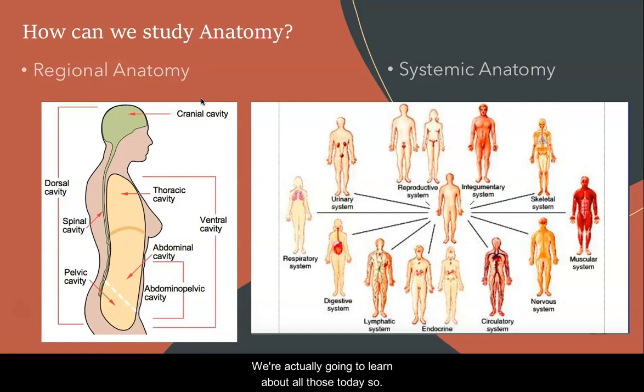Okay, we're actually going to learn about all of those today. So that would be systemic anatomy. But really, you can't have one without the other. You can certainly focus on certain systems or certain regions, but it's important to note that it all goes together within one human body, okay?